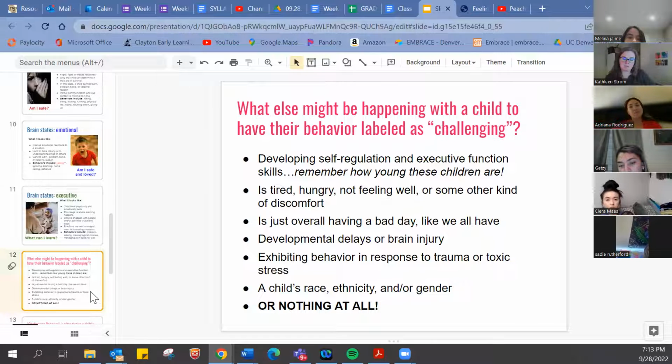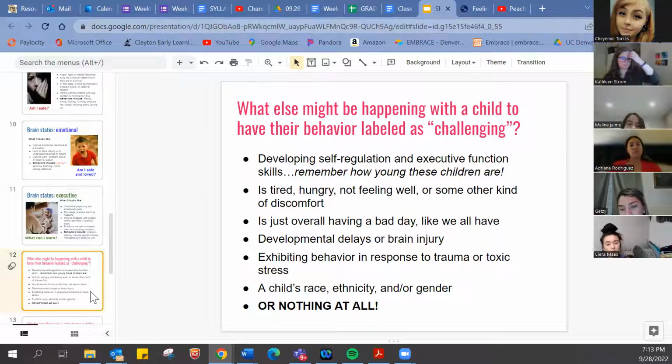And if they're not behaving in the way that teacher believes they should be behaving, then that child's having challenging behavior, right? So just want to be aware of these different factors that go into us labeling a child as having challenging behavior, and to challenge those ideas, to remember that behavior is tied to emotion.